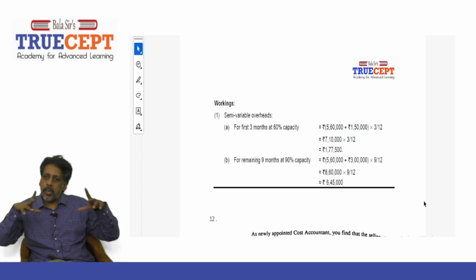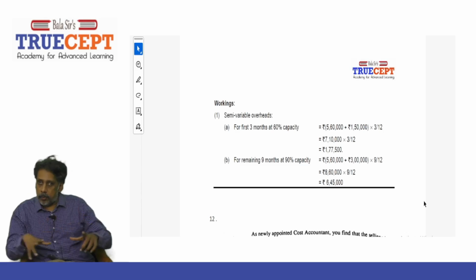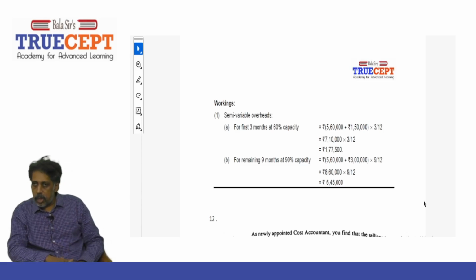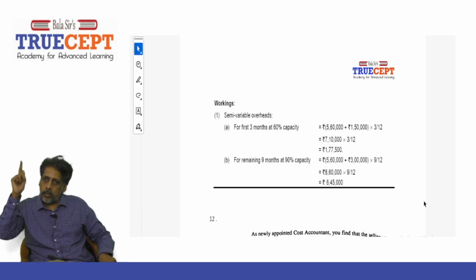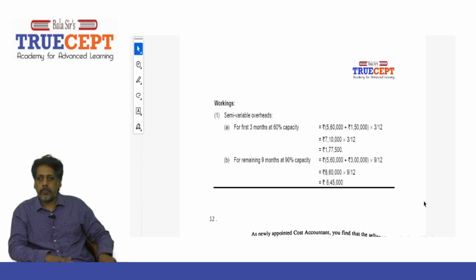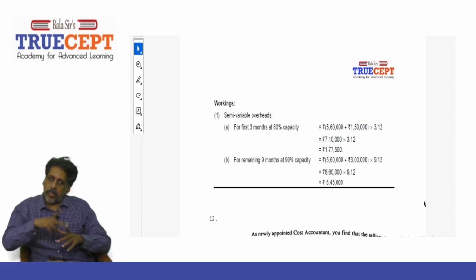In all, 7,10,000 per annum. It's all per annum cost. If you notice, they gave 5,60,000 per annum, plus 1,50,000 per annum increase in cost. In all, 7,10,000 rupees into 3 by 12 for 3 months. How much? 1,77,500. Very good.